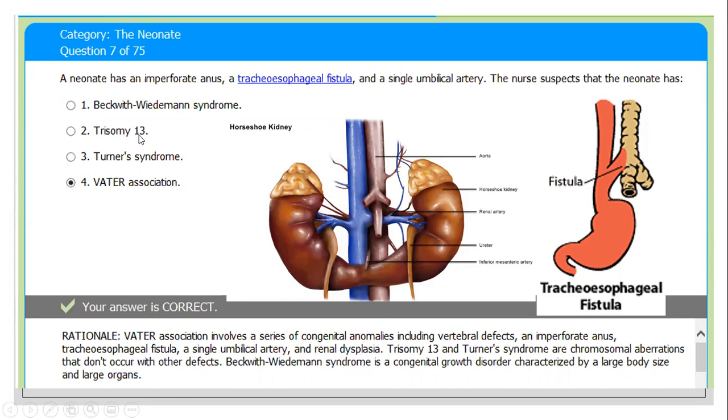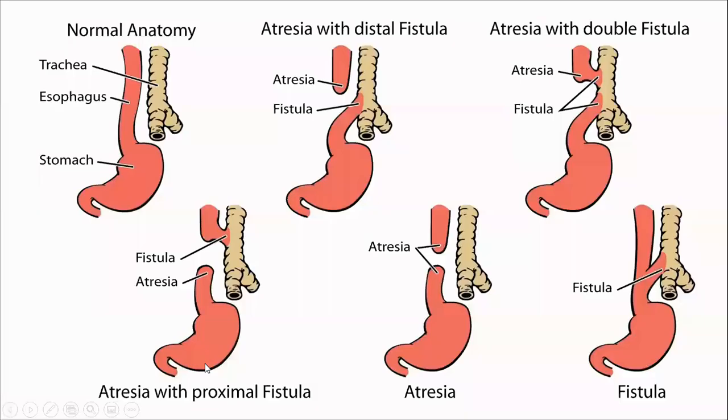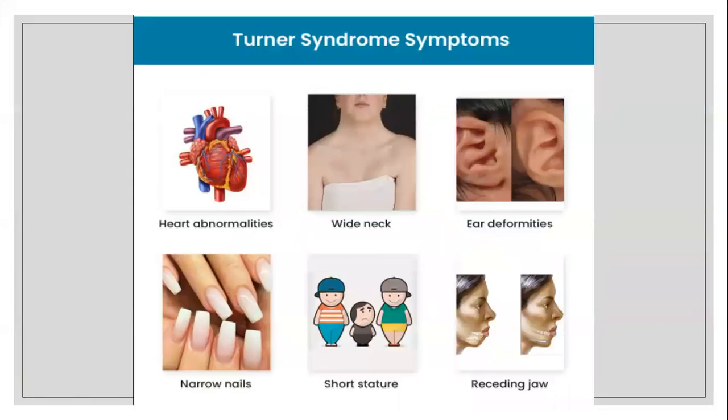Another, trisomy 13 or Turner syndrome are chromosomal abnormalities that do not occur with the other defects. So here we go and check the Turner syndrome. So what is it?